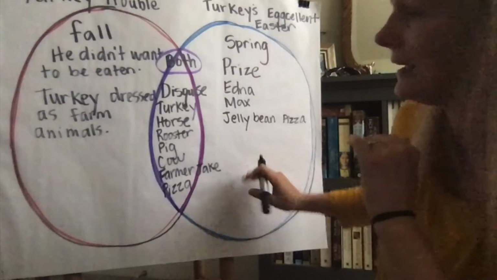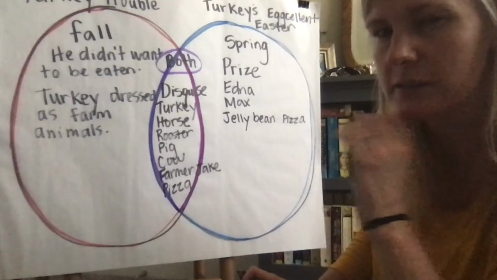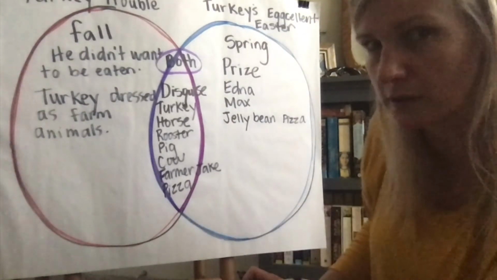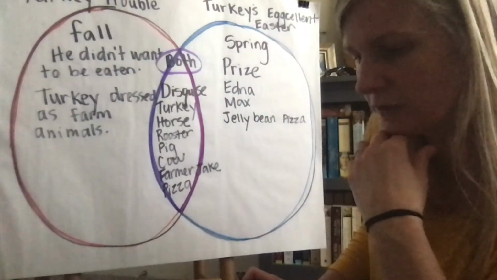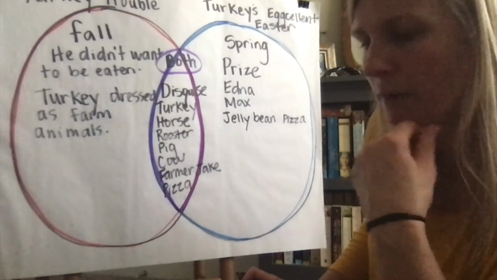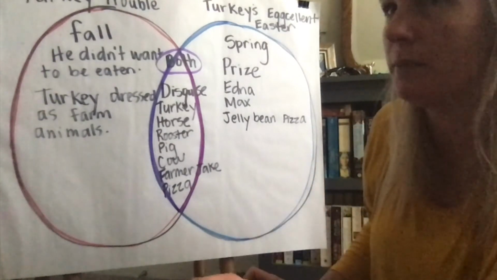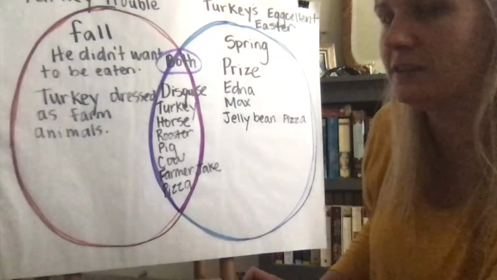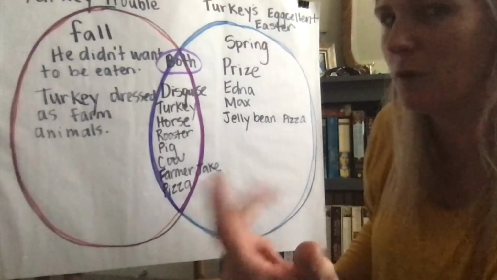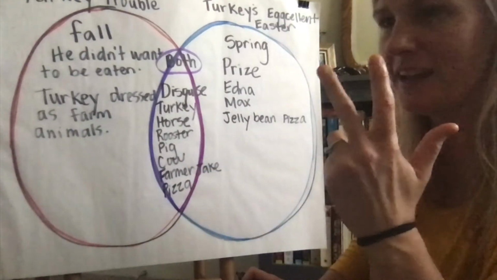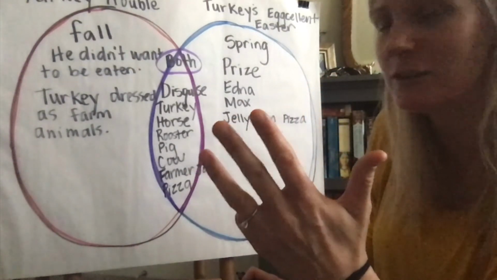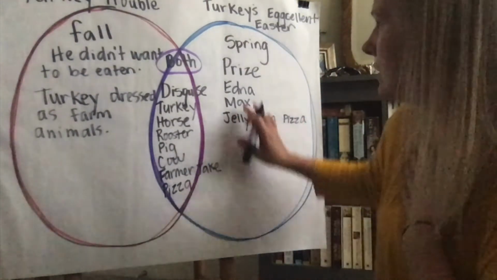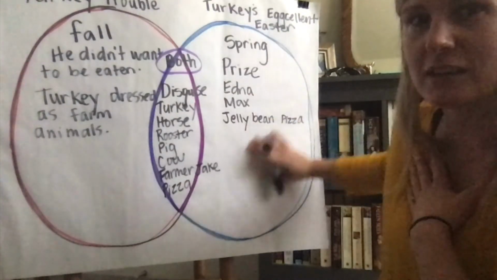Now, in Turkey's Excellent Easter, did he necessarily dress as animals that just live on farms? Yeah, he dressed as some different things, didn't he? I'm thinking back, he dressed as a rabbit, as a daffodil, as a bumblebee, and what was that last one? He dressed himself up as an Easter egg. So did he dress himself up as farm animals in Turkey's Excellent Easter?